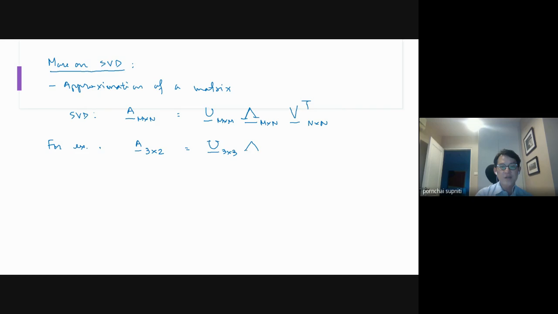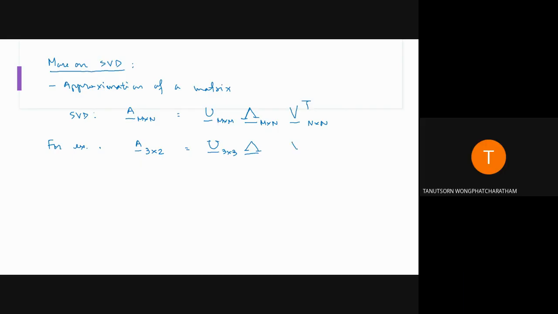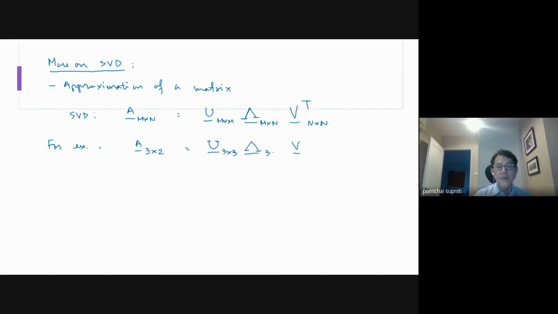And what is the size of the eigenvalue matrix? Can anyone tell me? 3 by 2. Yes, it's going to be 3 by 2, right? And for V transpose, it's going to be 2 by 2, okay? So I can write it out like this.